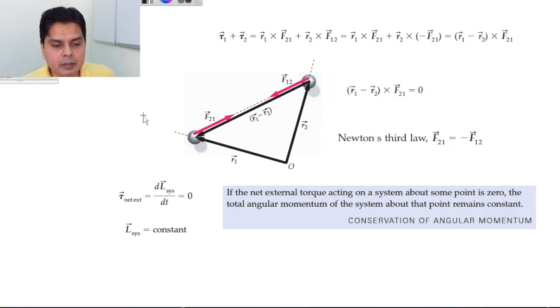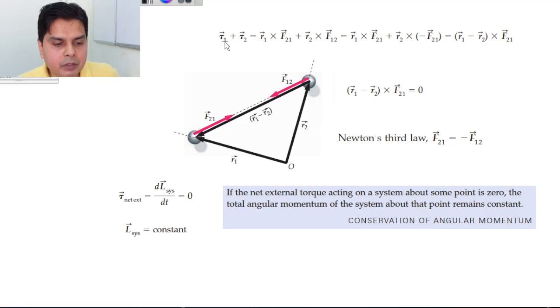So let's prove this part also. You see what is happening. Suppose this is my first particle, and this is my second particle. The internal forces, due to Newton's third law, are equal in magnitude but opposite in direction. Here we will be assuming a stronger version of Newton's third law: not only are they equal in magnitude and opposite in direction, they also act along the line joining these two particles.